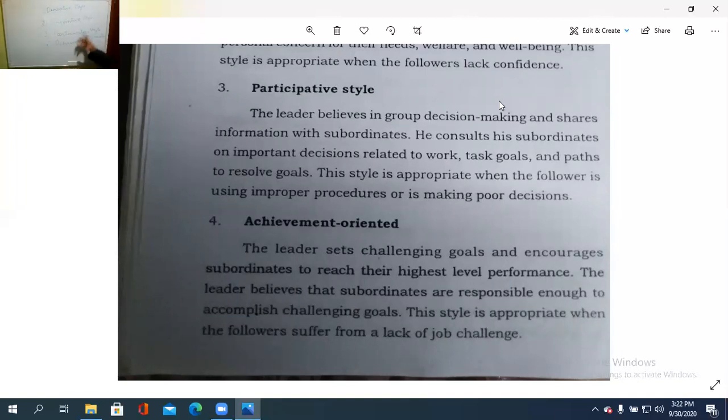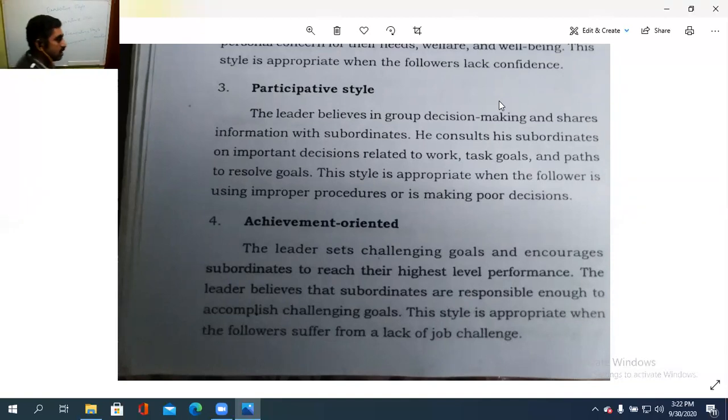So these are the different leadership styles under the path goal theory: directive style, giving directions; supportive, meaning supporting the subordinates and being very friendly towards them; participative, meaning in decision making their thoughts, beliefs, and ideas are shared, the good is taken, the unsuitable is rejected, and they are corrected. That is the participative style.